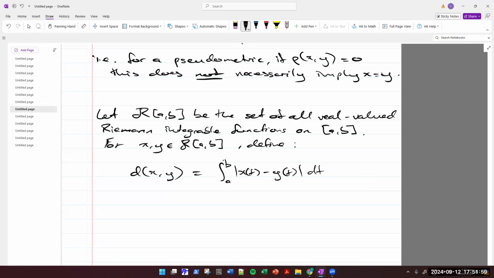We changed the space. The space is now Riemann integrable functions. So we want to show that this, well, I can't say metric anymore, this function is a pseudometric and not a metric.